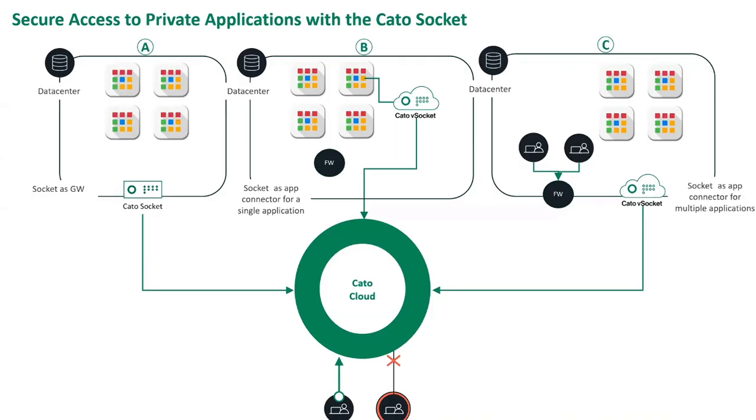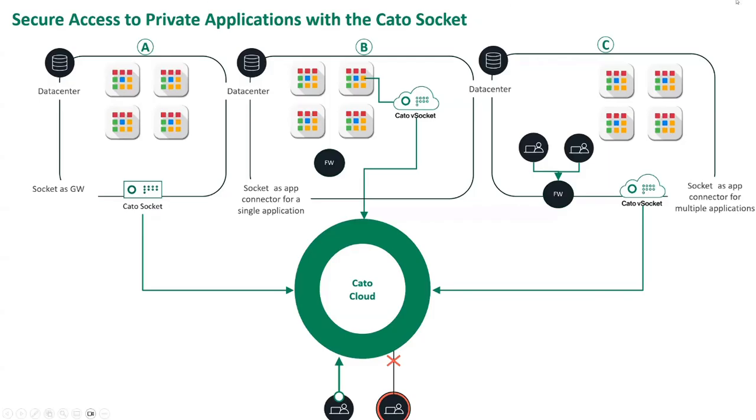We'll start with the left one, with A, where the socket is a gateway, meaning it serves all protocols or applications, and if an application needs to access the internet, it can through the socket. Of course, there are all kinds of engines that allow you to do it in a secure manner, and traffic coming towards the application through the socket is also supported. Going to B, B is an option to use the vSocket as an app connector for a specific application.